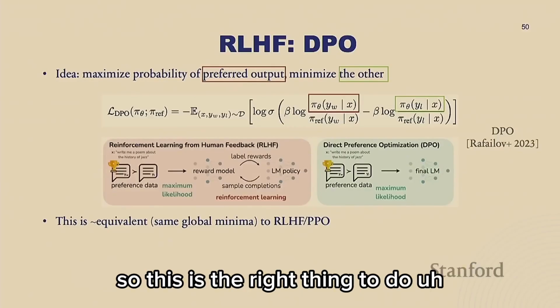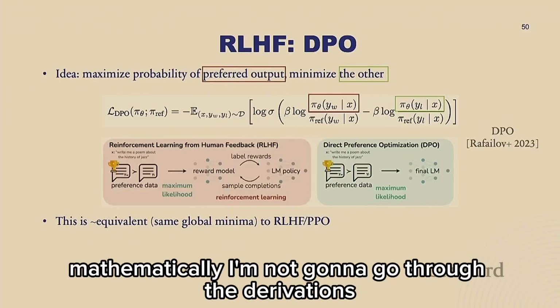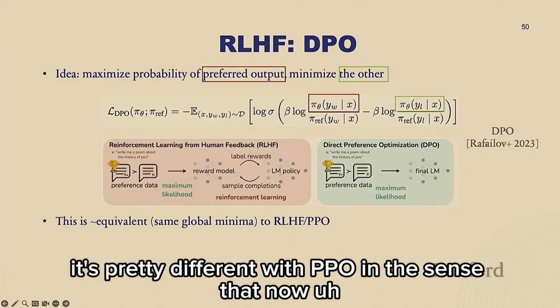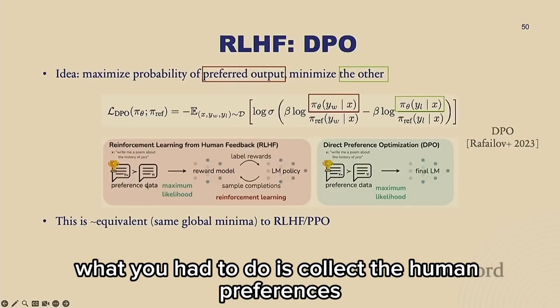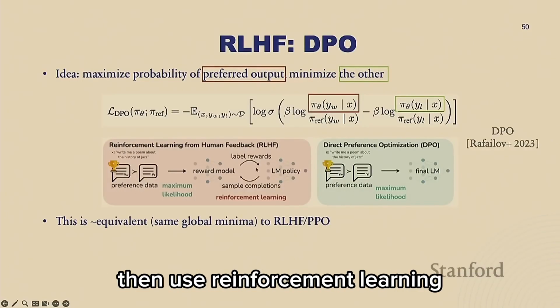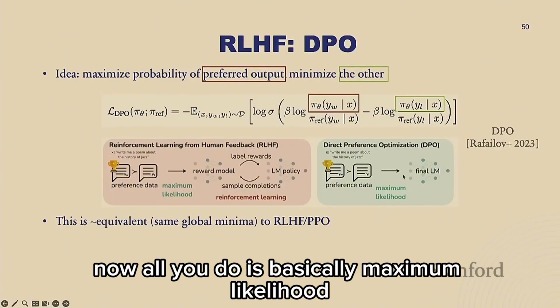So this is the right thing to do mathematically. I'm not going to go through the derivations, but that's the right thing to do. It's pretty different from PPO, in the sense that with PPO you had to collect the human preferences, then train a reward model with maximum likelihood, then use reinforcement learning. Now all you do is basically maximum likelihood.